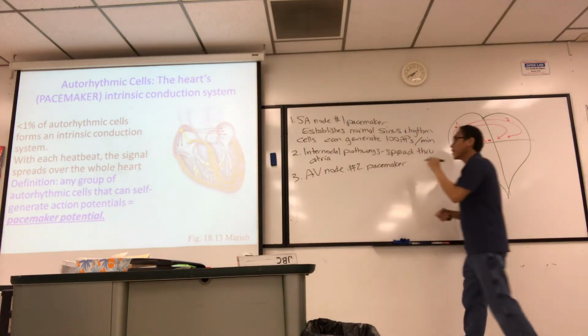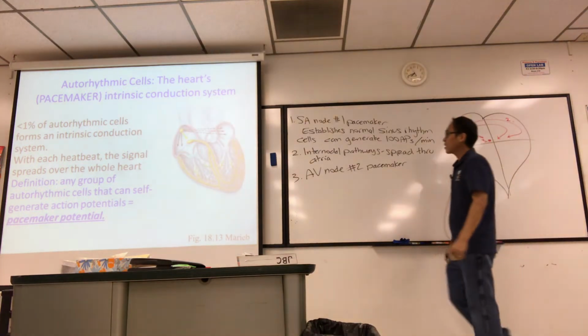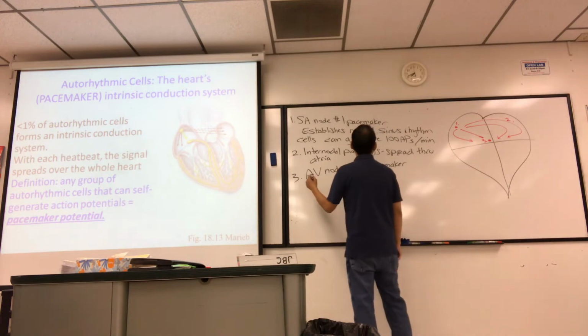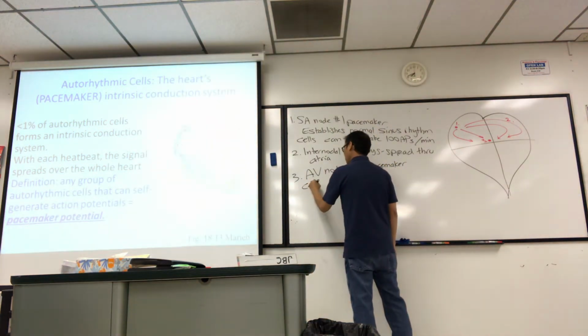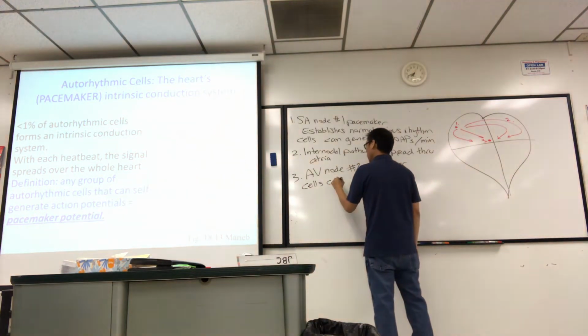As long as the SA node is active, you never let the AV node be the rhythm setter. It could, but the rule is the strongest one always commands the heart rate unless something's wrong with it. So this is your number 2 pacemaker cells, and this node can generate about 40 to 60 APs per minute.